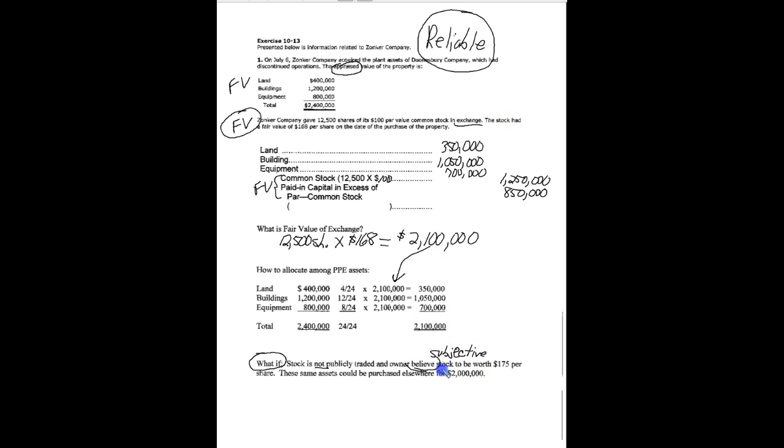So in this scenario, we would record the transaction at $2 million. Instead of $2,100,000, we would be using $2 million here. So the stock would be priced at $2 million, and we would allocate the cost. These three debits would total $2 million.